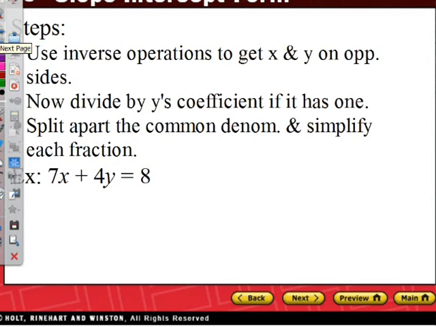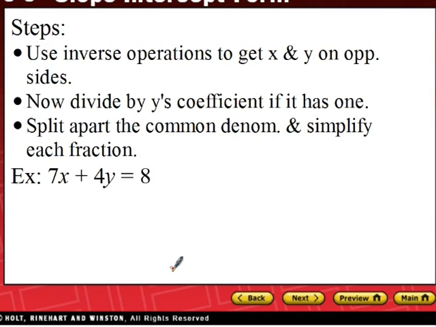So here's the steps. Jot them down. Use inverse operations to get x and y on opposite sides, so that they're not on the same side anymore. And we want the constant to be with the x.